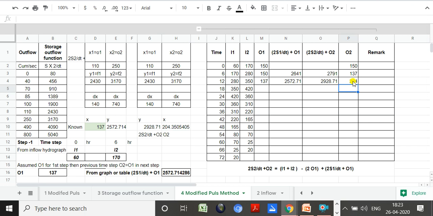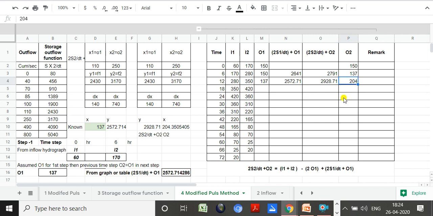Once again I am repeating, if the storage outflow function curve versus outflow is ready with you, from that curve you can easily estimate the value of O2 for the corresponding 2928.